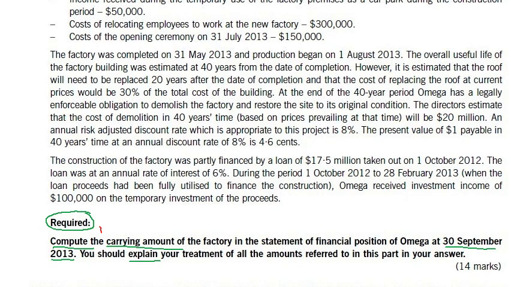There are two things. One is computation. Second is explanation. In the exam, a number of the candidates did not explain the treatment of all the amounts referred here, and of course they lost marks for that.